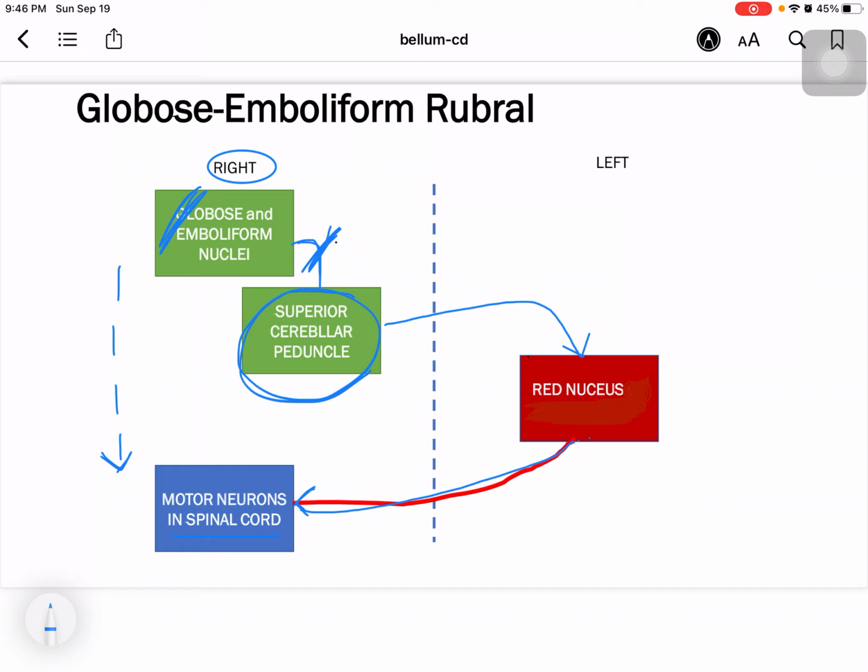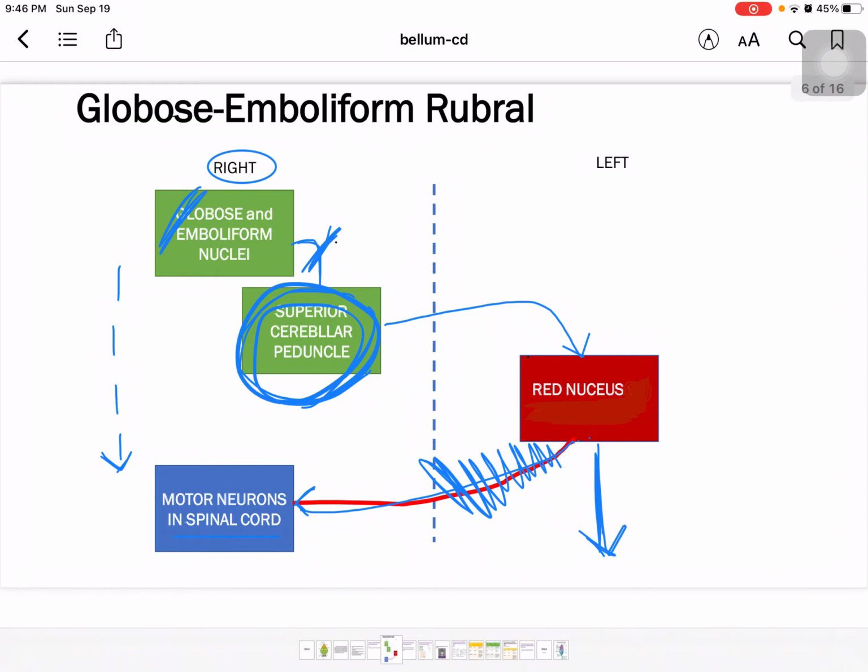However, if it's after the superior cerebellar peduncle and the lesion is here, it can no longer cross. Therefore, your manifestation would be contralateral. So the superior cerebellar peduncle and the red nucleus dictate whether it's contralateral or ipsilateral.